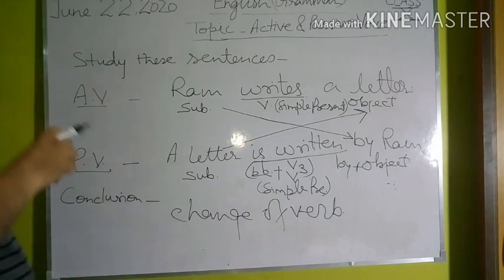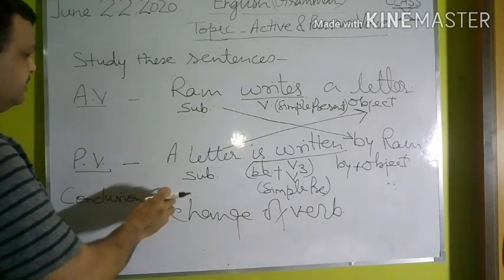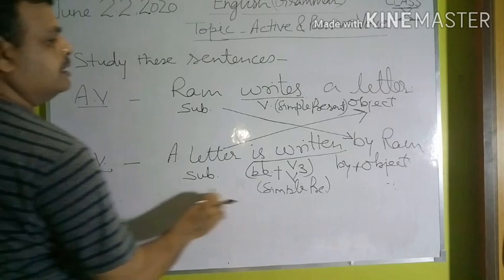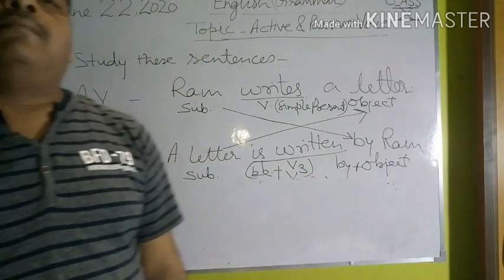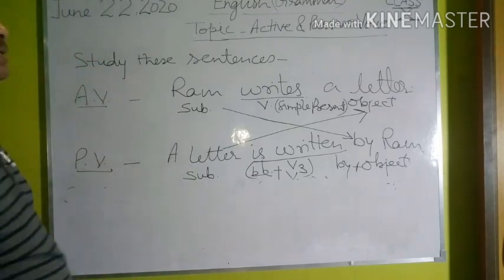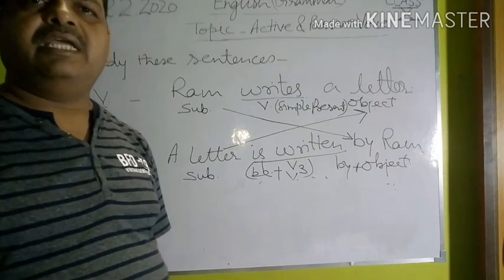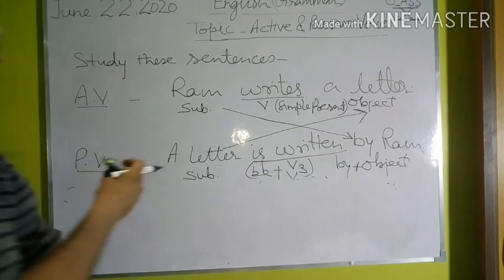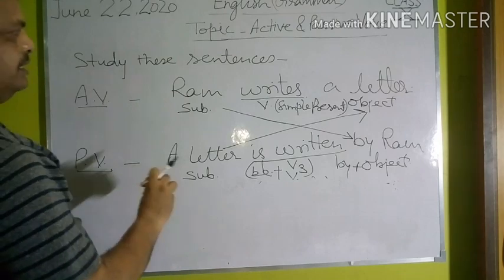Those tenses are simple present tense, simple past tense, then present continuous, past continuous, and simple future tense. So these are the tenses, and all the perfect continuous tenses can be changed into passive voice. Let us examine the verb structure of other sentences.